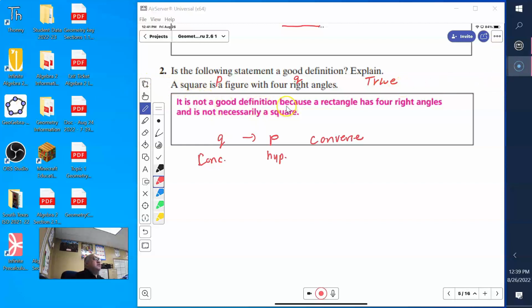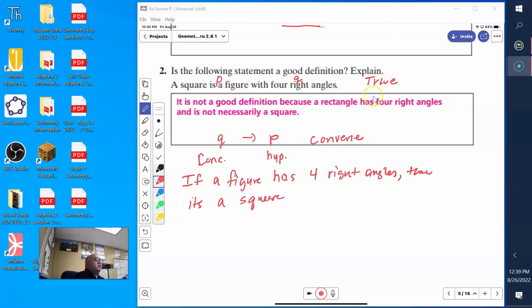It's not a good definition because if we switch it, it would say if a figure has 4 right angles, then it's a square.